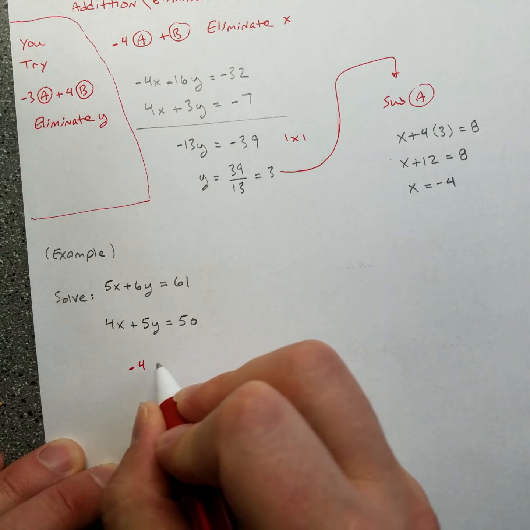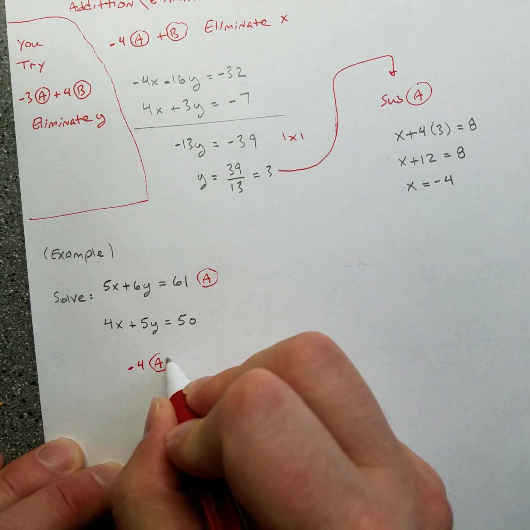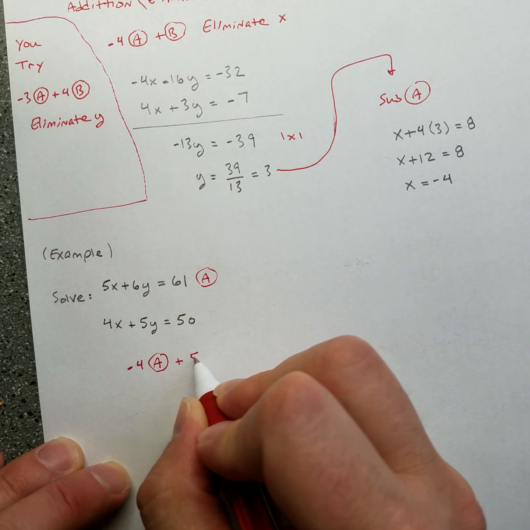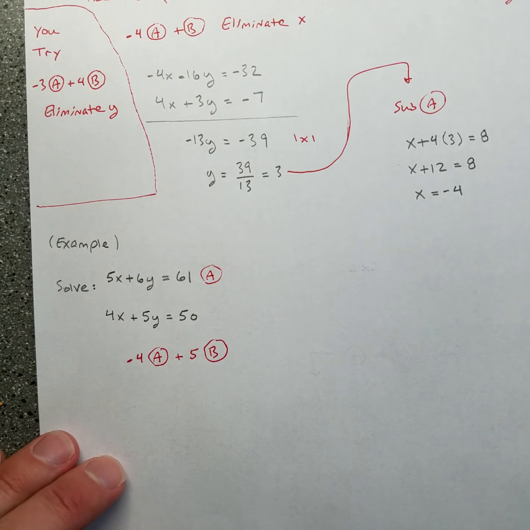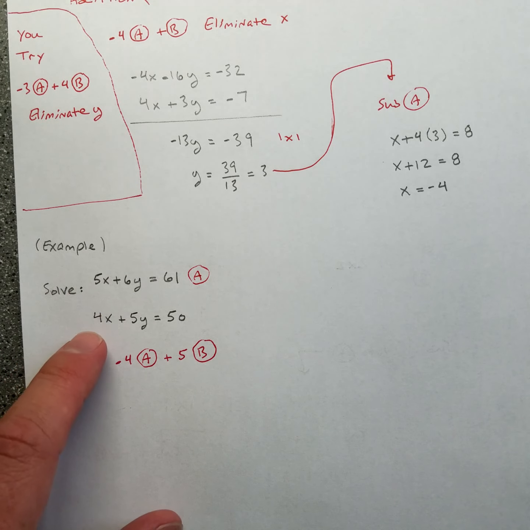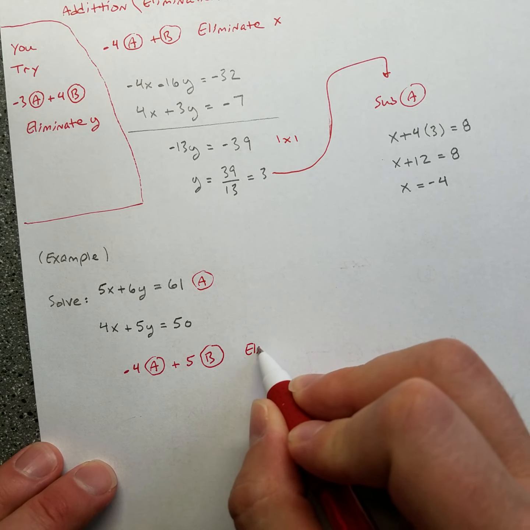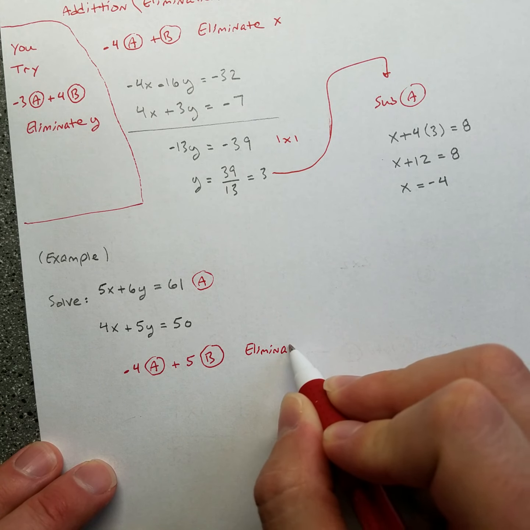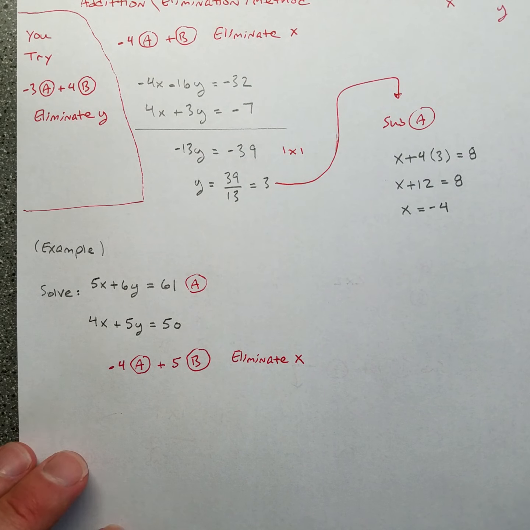I'm going to do -4 times equation A, and I'm going to add 5 times equation B. Because if I do that, this will become -20, and that will become +20, and the x will cancel. So through me doing this, I'll eliminate the x. And that's the whole idea, is that you eliminate one of the variables.